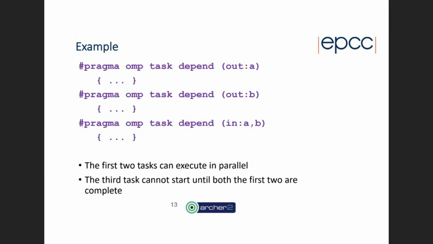There's no real connection between the items that you put in and how they're used inside the tasks. Sometimes it's more convenient just to create completely fake variables that you never use for any values, but just use them to express the task dependencies.